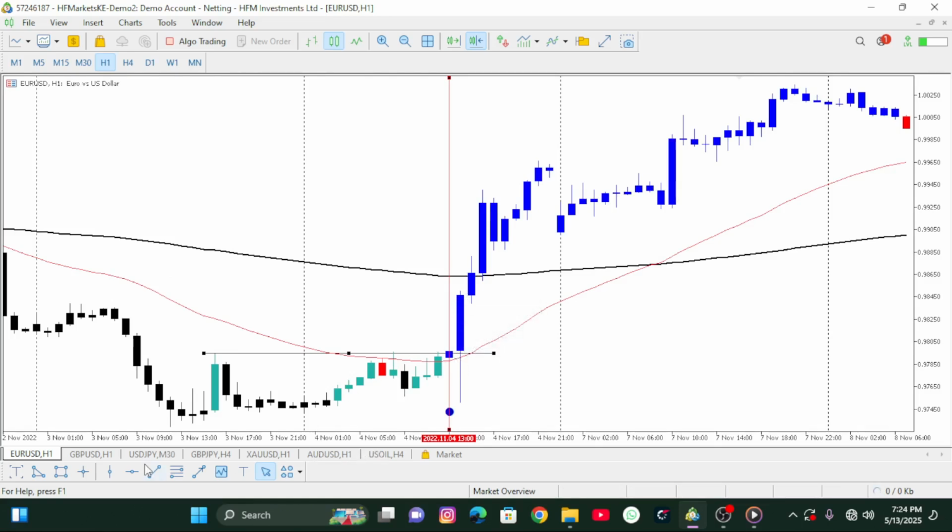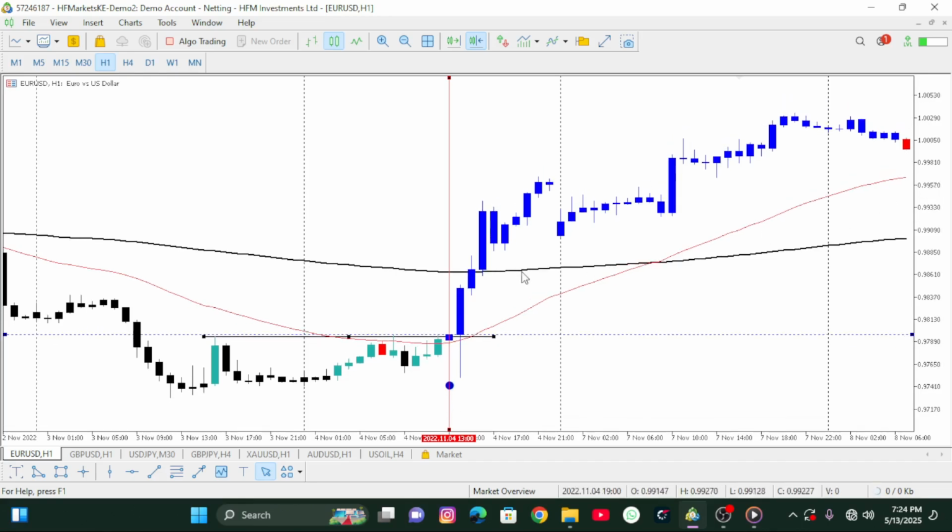So if this was my position here, let's say I would have entered at the open of the candle, and I would have placed my stop loss below. Since the low of this trend is closer to my entry, I would have placed my stop loss just below it.